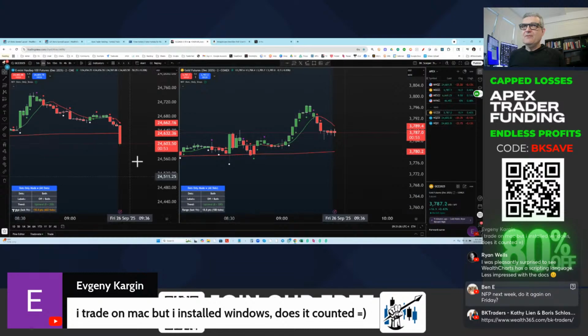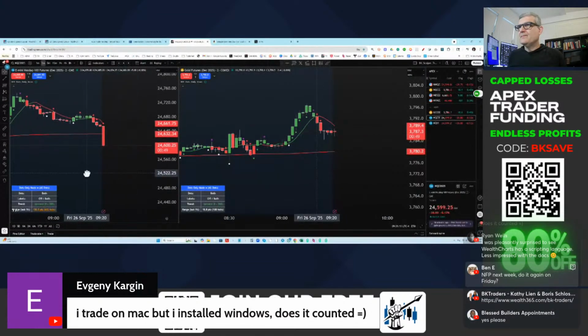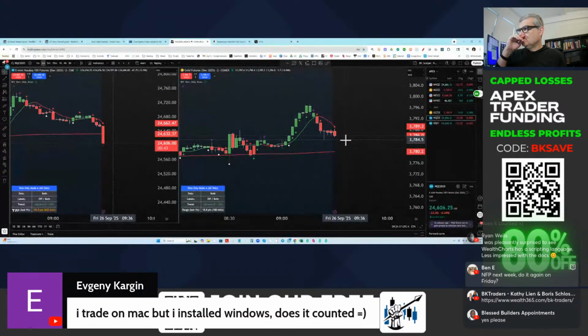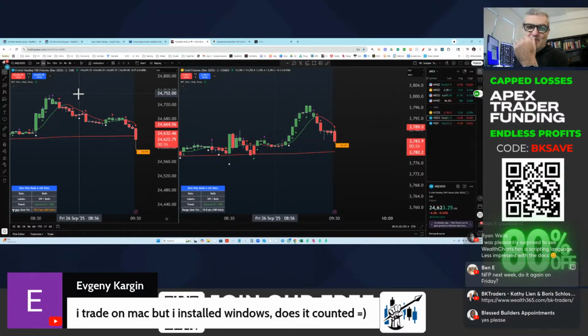NAS breaks the 24.6 on the open. Really feels like the price action is a little slow today, huh? Like all the move was in the first 30 minutes when we traded.